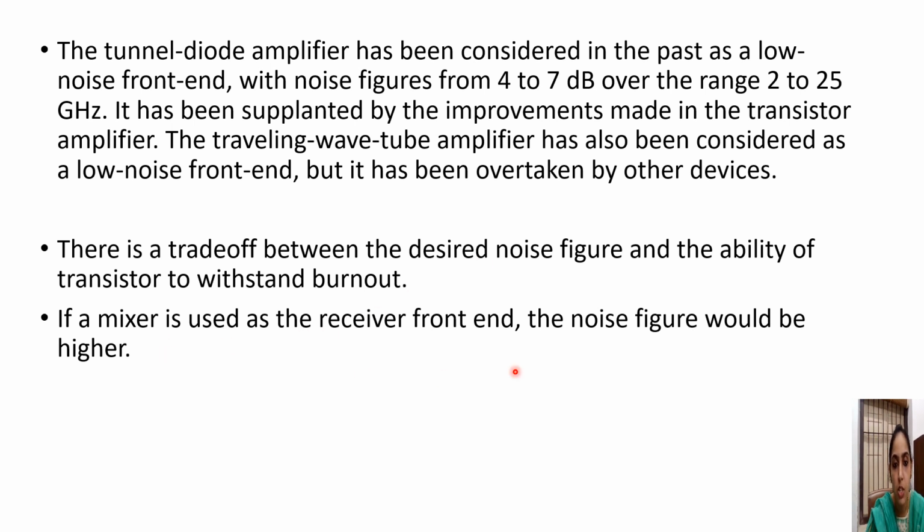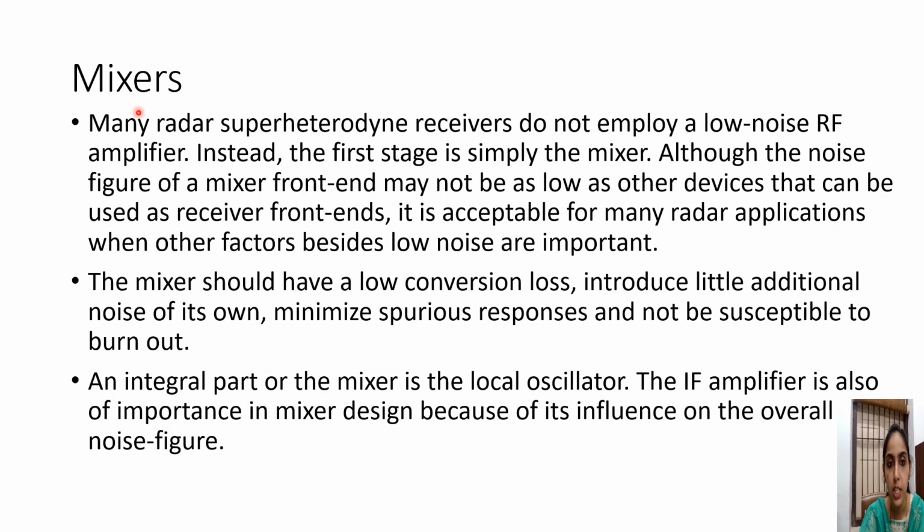And if a mixer is used as the receiver front end, the noise figure would be higher. Okay, so in some cases of heterodyne receivers, the mixer will be used as a front end. So now we will see the noise figure of a mixer and the types of mixers used in microwave radar receivers. So in some cases of a radar superheterodyne receiver, the first stage, instead of a low noise RF amplifier, will directly be a mixer.